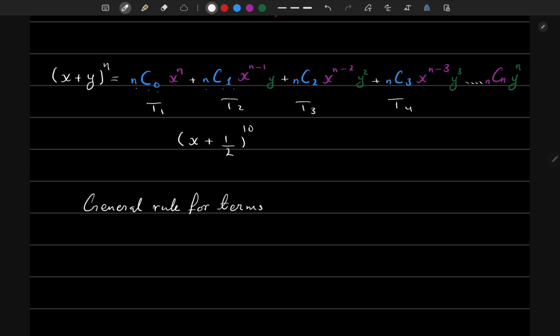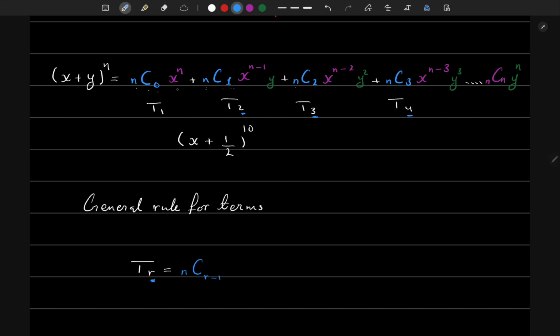So if I have a general term, let's say this is Tr, I know that the coefficient of this term is going to equal nC(r-1). So if r equals 2, it's going to be nC1. If r equals 3, then nC2. If r equals 4, then nC3, and so on.